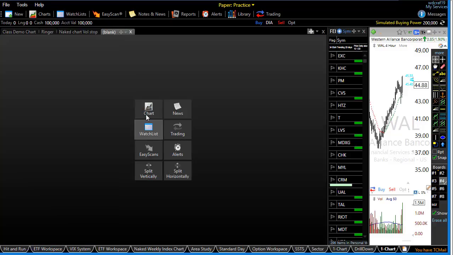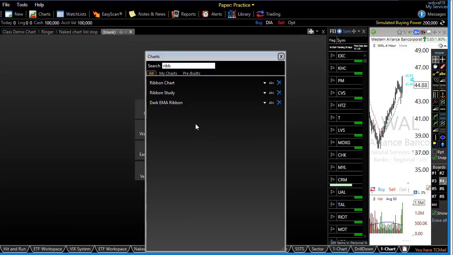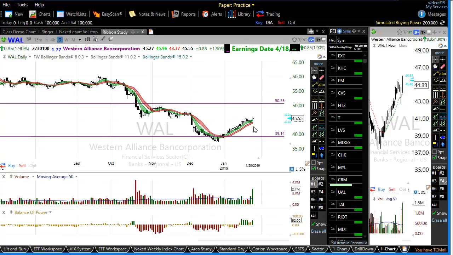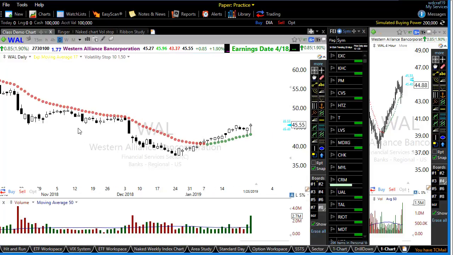If I wanted my ribbon study, just go to charts, ribbon study. There we go. I have the ribbon study chart now. So all of these charts can lay right over the top of each other. And I could also have the same chart in different time frames.